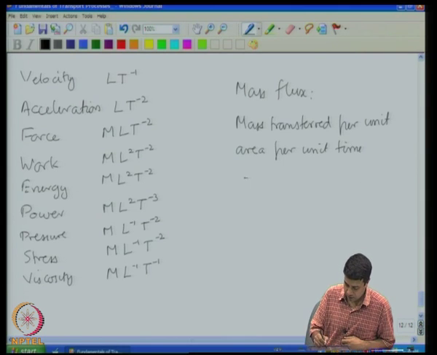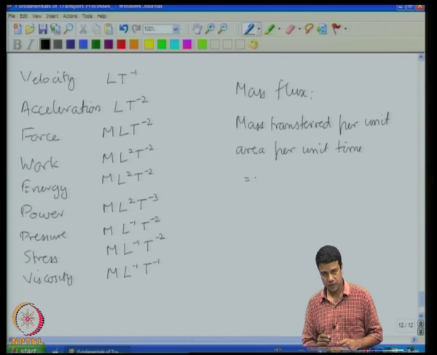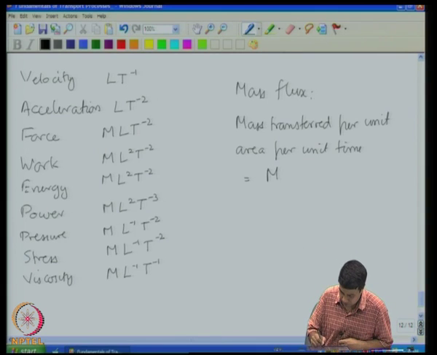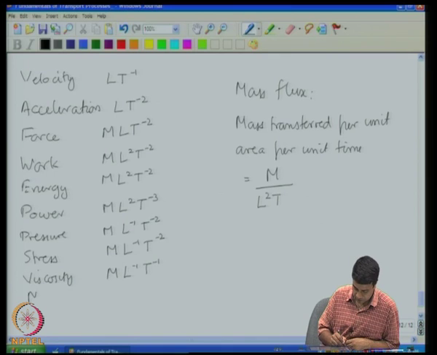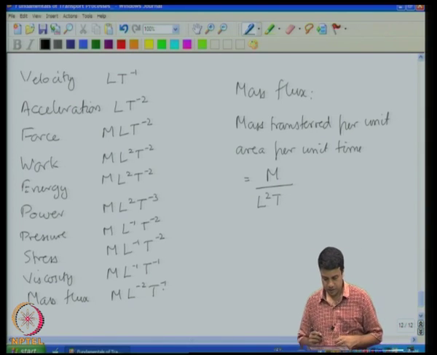So, it is going to have dimensions of mass divided by unit area, which is the square of length, divided by time. So, the mass flux is equal to mass L power minus 2 T inverse.